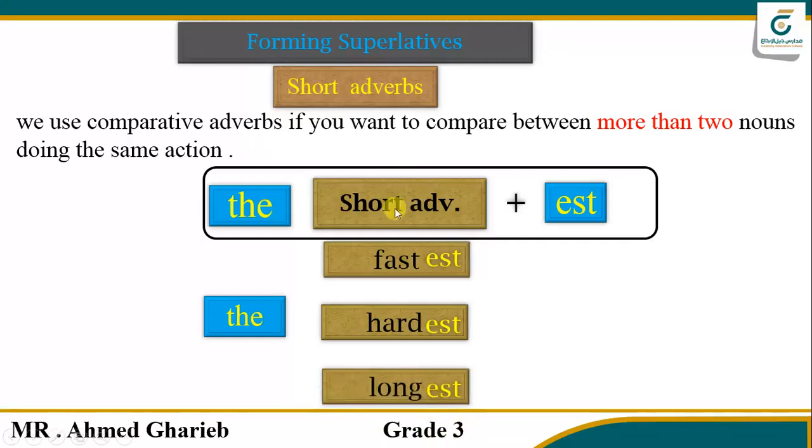As I say, we add the before the short adverb, then we add est to form superlative adverb from a short one. Okay? And again, before them comes what? An action verb. Okay? Not verb to be.